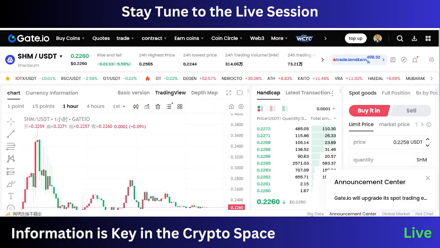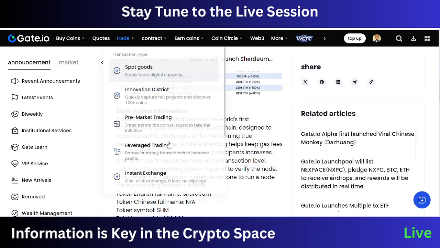Now let's look into the staking aspect, the Launchpool aspect.